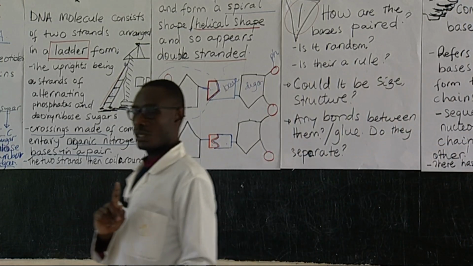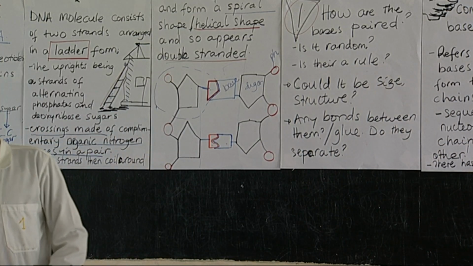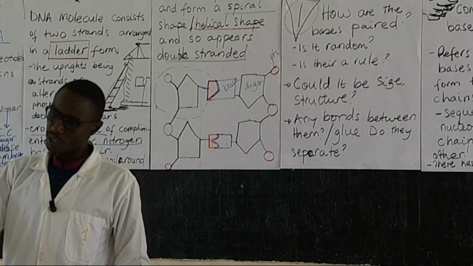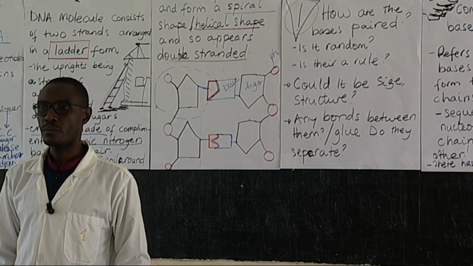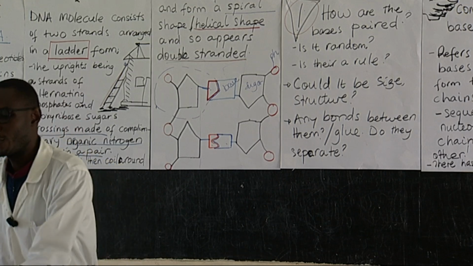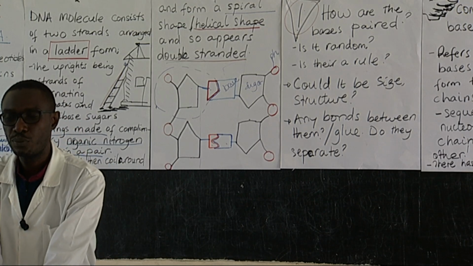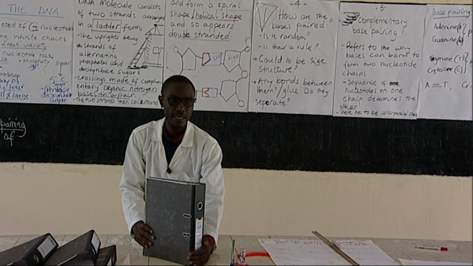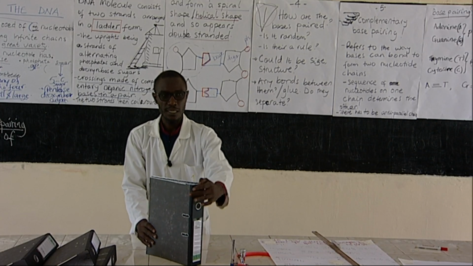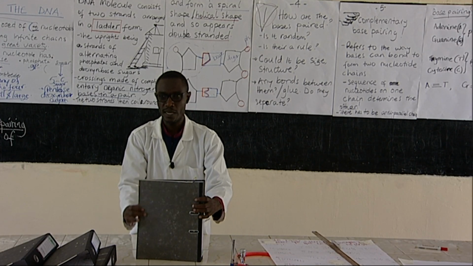So pay attention and look at this very carefully. I have box files that are run in the office. These box files have a shape that you look at here. This side is relatively bigger, and this one is small.